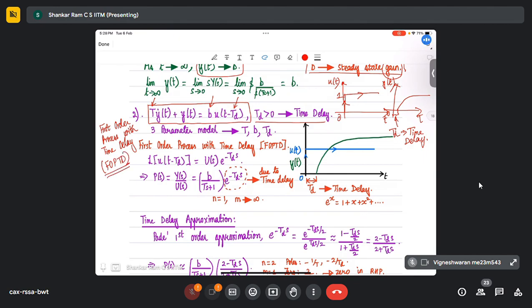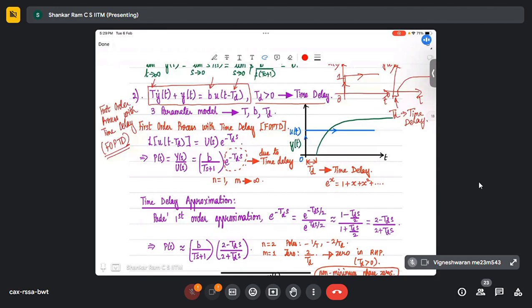This is a very popular model in the domain of process control and also dynamic systems, where when we encounter time delay in physical response, we use what is called a first order process plus time delay model. Now, if we look at this model further, this becomes a 3-parameter model. What are the 3 parameters? The time constant capital T, the steady state gain B, and the time delay TD.